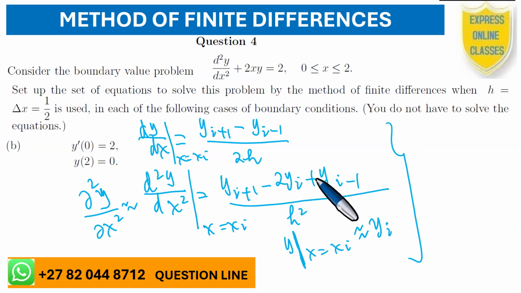These are called difference equations, and we're able to convert differential equations to difference equations using the method of finite differences and using these particular formulas here. And I'm sure that, by and large, this is everything you need to remember to deal with any problem that pertains to the method of finite differences.